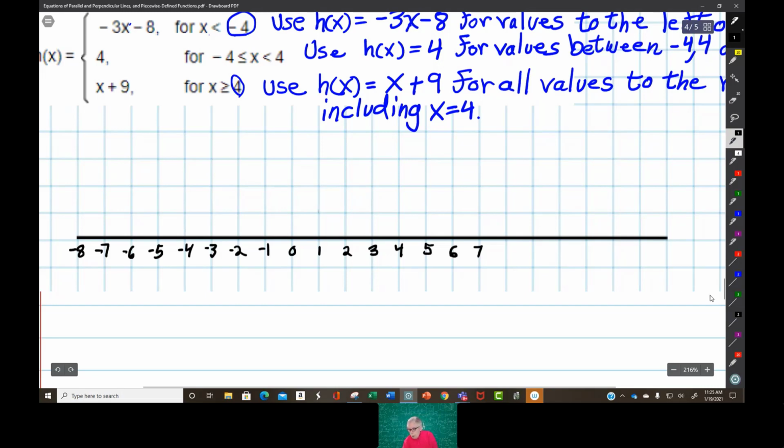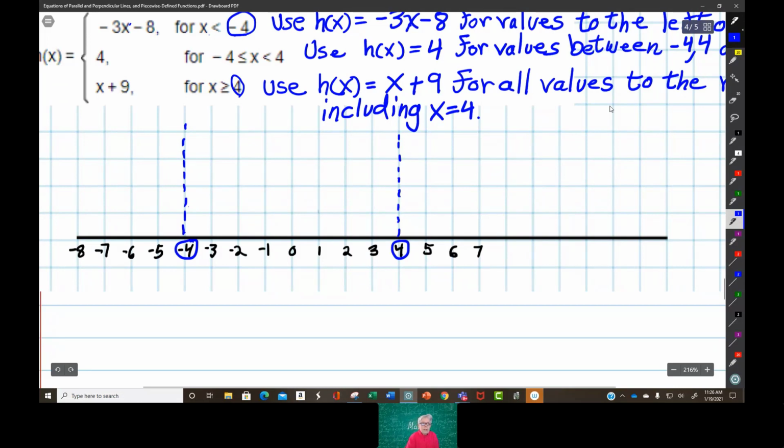So I am going to use blue and just put a circle around -4, excuse me, and 4. And make a dashed line. Okay.